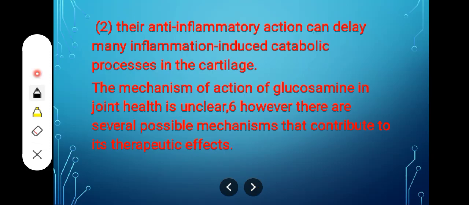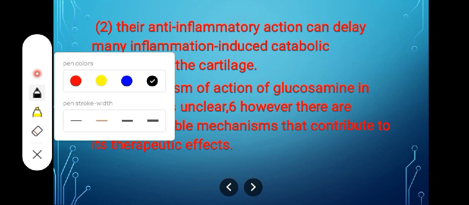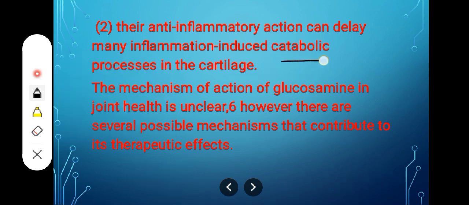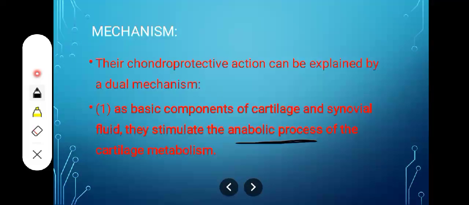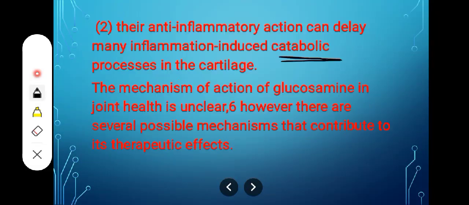The second mechanism is their anti-inflammatory action, which can delay many inflammation-induced catabolic processes. The first mechanism includes the anabolic process and the second mechanism includes the catabolic process.